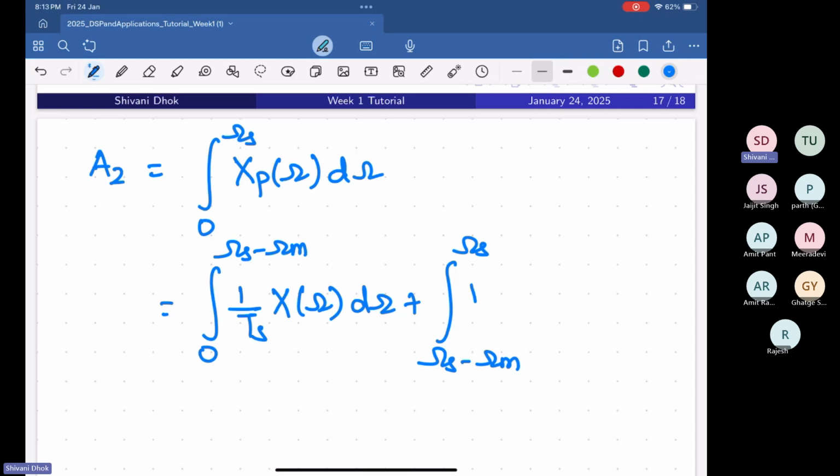This comes out to be equal to 1 over Ts again, but X of j omega minus omega s. So let me put a j here just for notational consistency. Okay, so this is what we are having now.